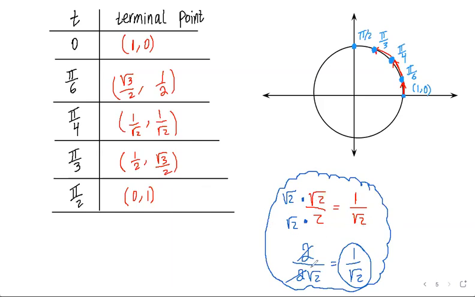Explain what? These things? Yes. So you have to know square root of 2 over 2 is the same as 1 over square root of 2. How?